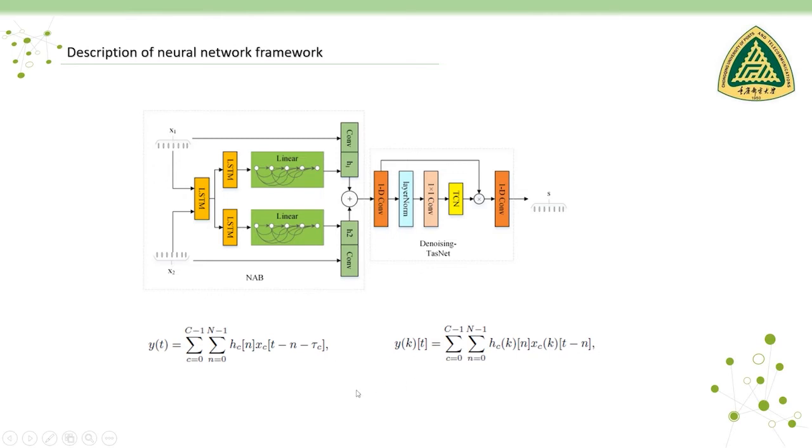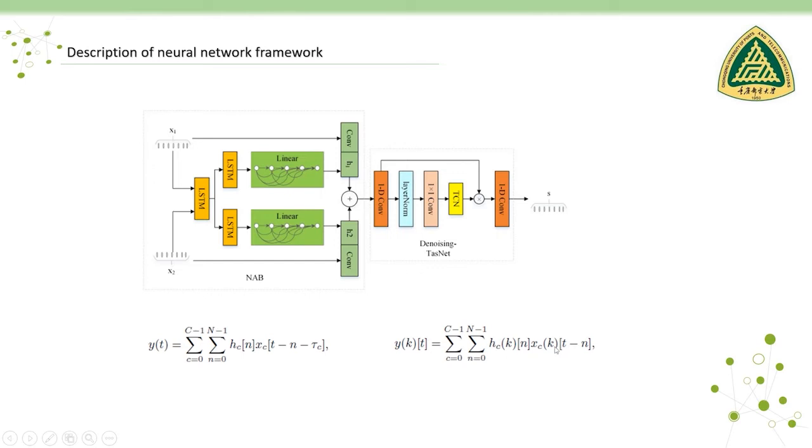While we drop tau_c in it, because the coefficient of H_c[k] is updated by the loss function of target speech and the predicted speech.